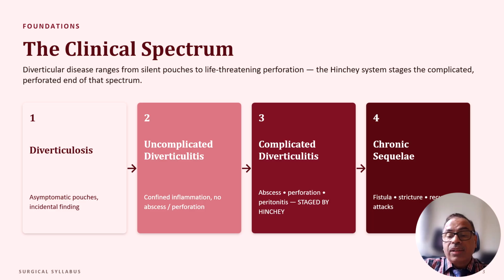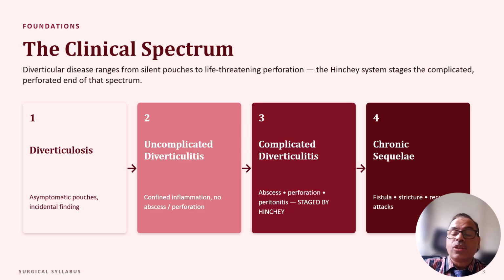Then on the other end of the spectrum, we have complicated diverticulitis. Now these diverticula which are inflamed, they may go on to develop certain complications, like it can lead to perforation, it can lead to bleeding, and it can also lead to generalized peritonitis or abscess formation. Now, this complicated diverticulitis, especially the perforation part, would be staged by Hinchey's.